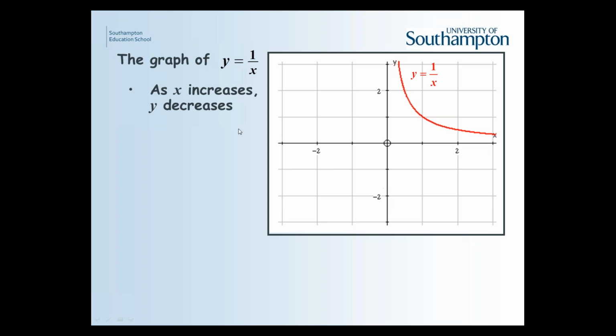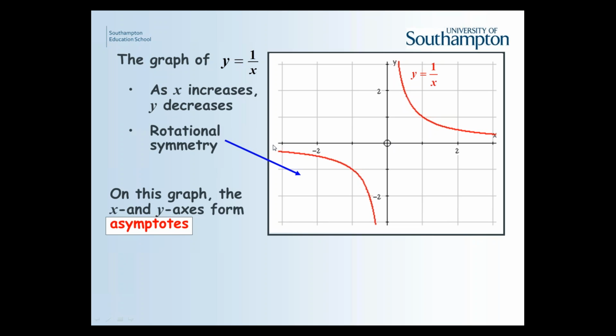It can never be 0, and it can never touch this bit here because we can't have that 0 either, because there's never 1 over something that equals 0. And 1 over minus, whatever, it looks like this, so it's got rotational symmetry. So this is the graph of y equals 1 over x.